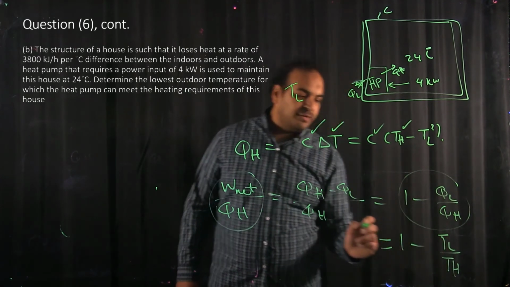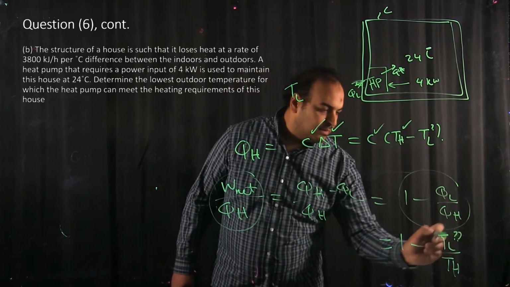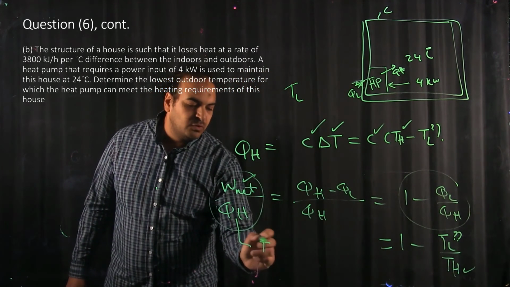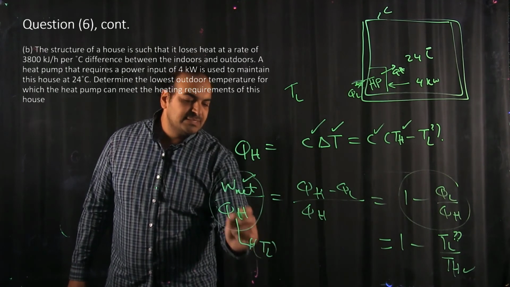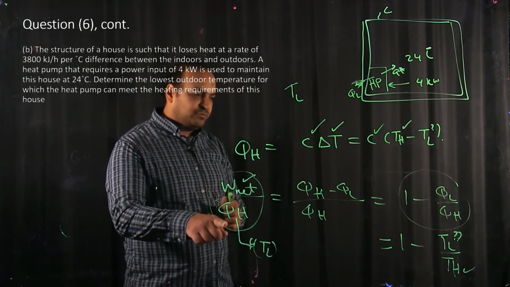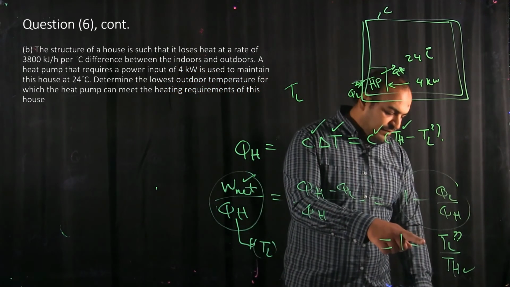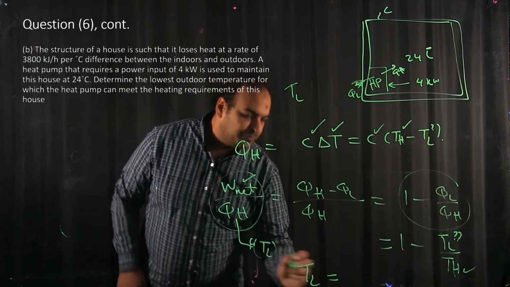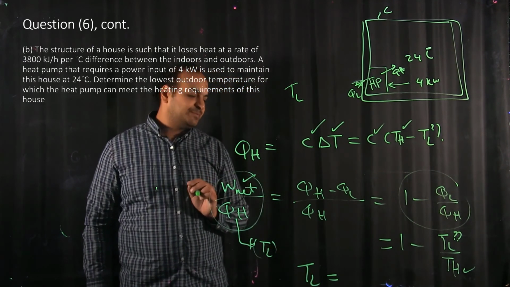Now it's better. Why? You don't know this, but you know that. You know this, and you know this, a function of T low. That means we have only one unknown here. Everything here is a function of T low, so the only unknown is T low. Solve for T low. One unknown in one equation.